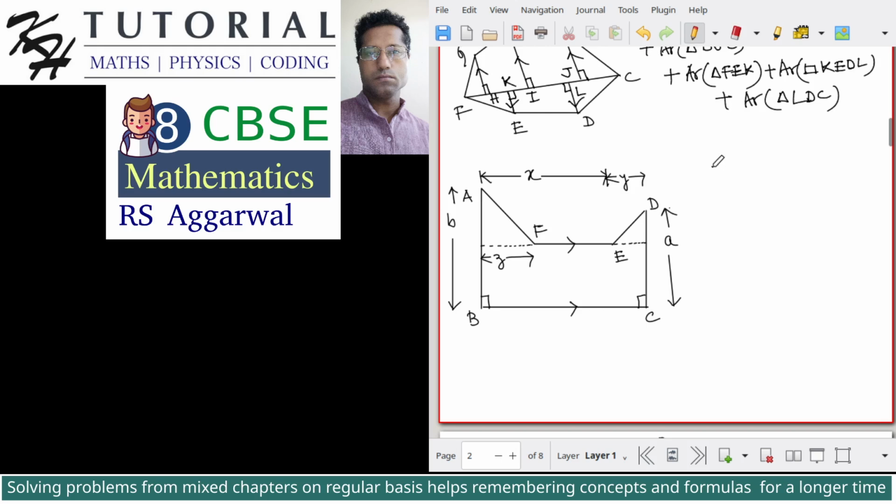So what are the dimensions given? Consider this as a given problem. How do we find the entire area of this hexagon ABCDEF? Given that AB is b and DC is equal to a, and the side FE is also given to be parallel to BC.